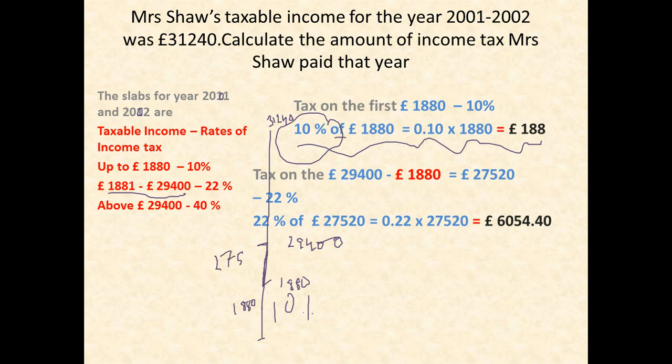The income tax will be paid on this. The first part of the income up to 1880 is taken at 10%. The next part is 27,520, and the income tax paid is 22%. Because 22% means 22 upon 100, which is 0.22, it is 6054.